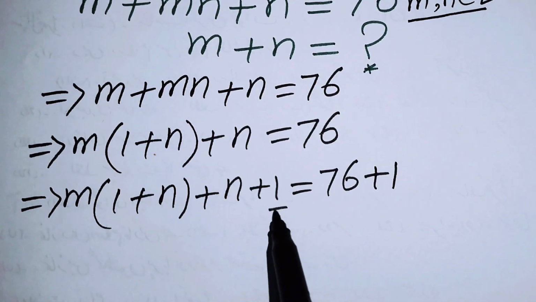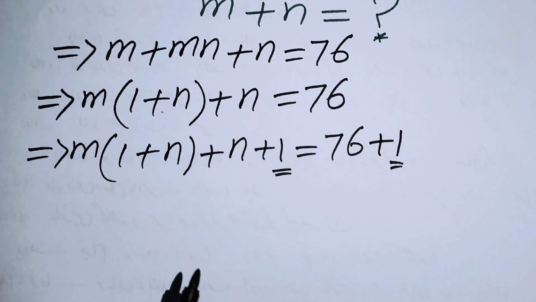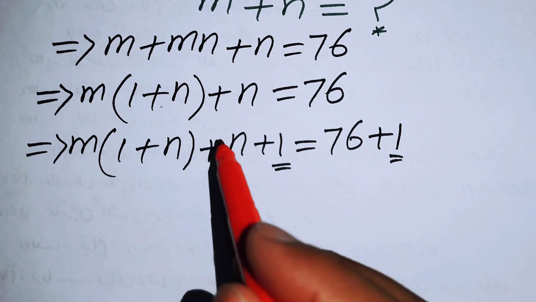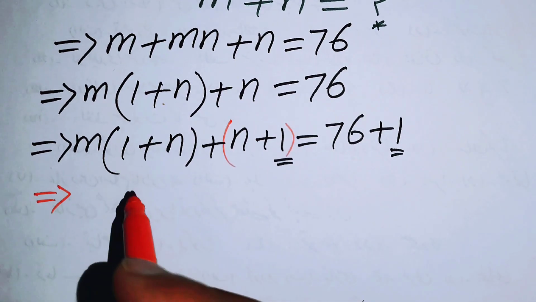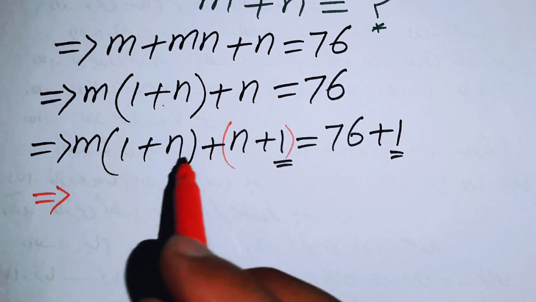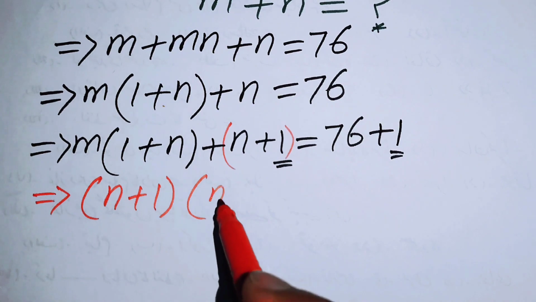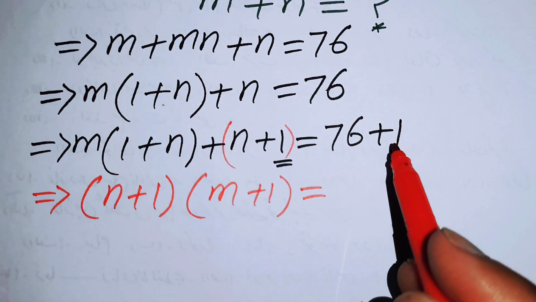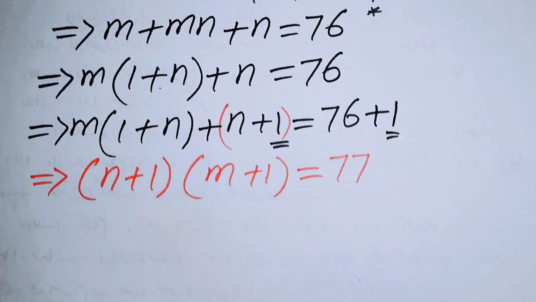I just add this 1 on both of the sides, so that in the next step I can take the factor n plus 1 common from both of the terms, and you get n plus 1 times m plus 1 is equal to 76 plus 1, which is 77.